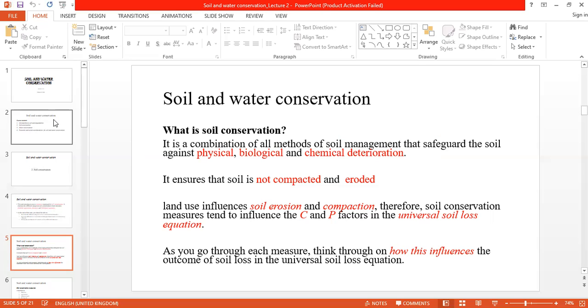So as we go through each measure of these practices, you should be able to relate to the universal soil loss equation to say, okay, this practice, which factor does it influence? Does it influence the C factor? Does it influence the P factor? And how does it do that? Then you'll be able to explain the consequence of this management practice on soil erosion or on compaction.